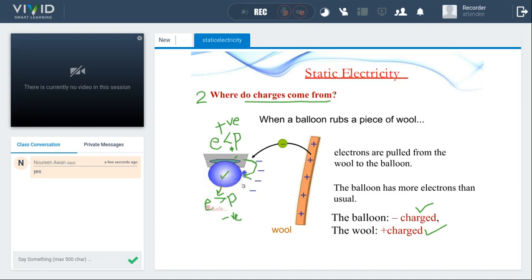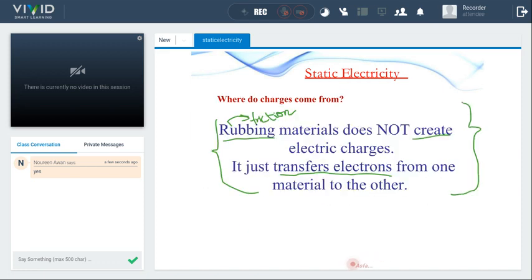The number of electrons in the balloon becomes more than that of protons, and it gets a net negative charge. The number of electrons in the wool is now less than that of the protons, so it gets a net positive charge. So both will attract each other, because there are different charges over here.